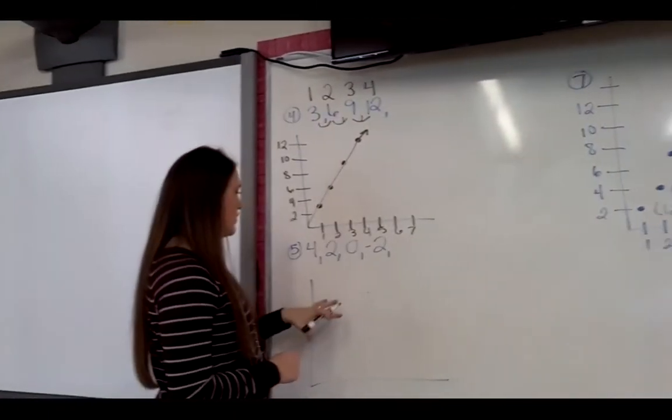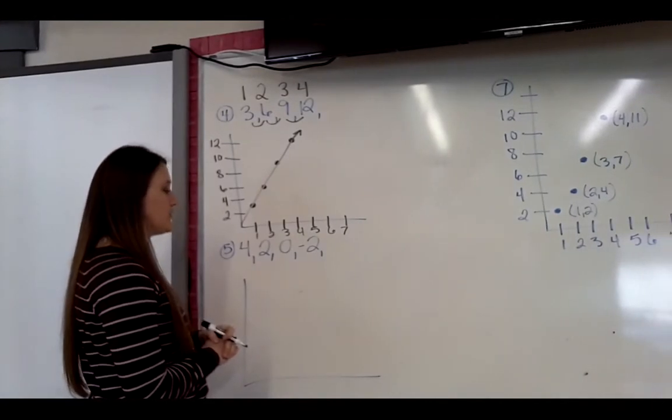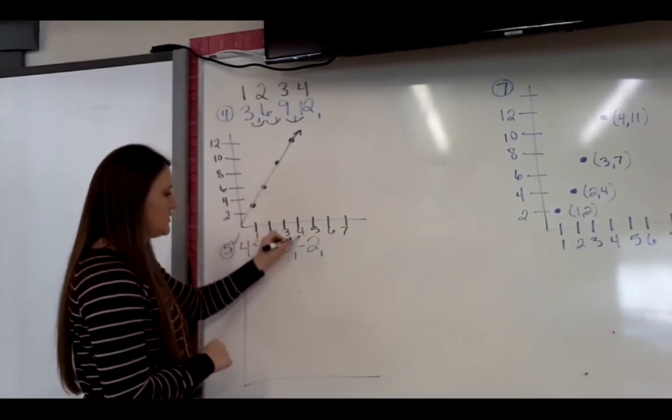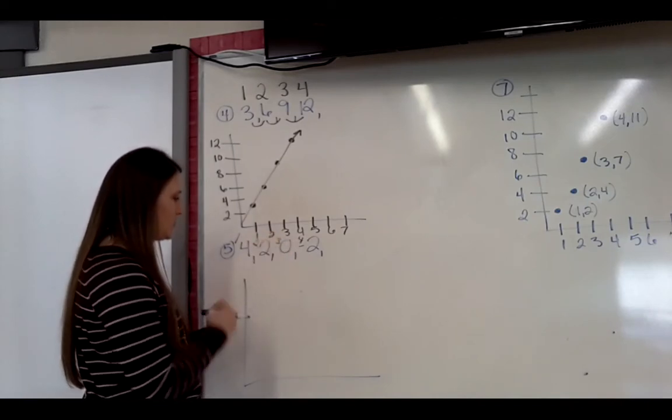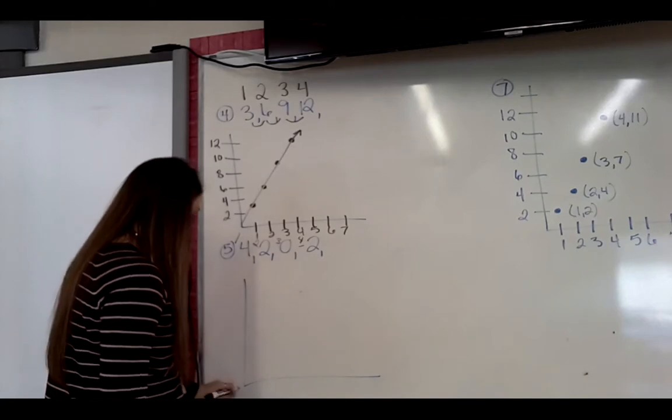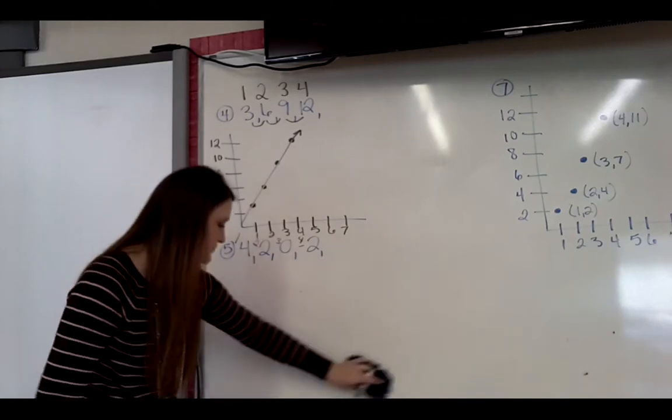Okay? Then on 5, we have 4, 2, 0, negative 2. So that's the points (1, 4), (2, 2), (3, 0), and (4, negative 2). So on this one, we go negative. So I guess I should have done my graph a little differently.